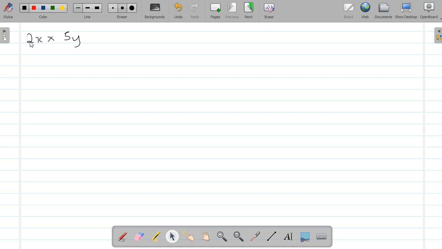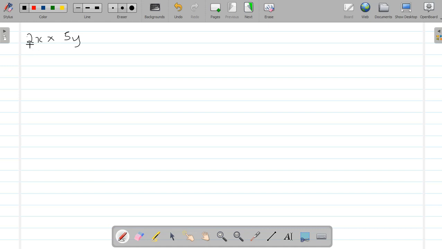If I am asked to simplify this particular expression, then I have to see that the coefficient of x here is 2, the coefficient of y is 5. The rule is saying that multiply the coefficients of the variable and then multiply the variable. Because the coefficients are numbers, when I multiply them I will surely get an answer which is also a number.